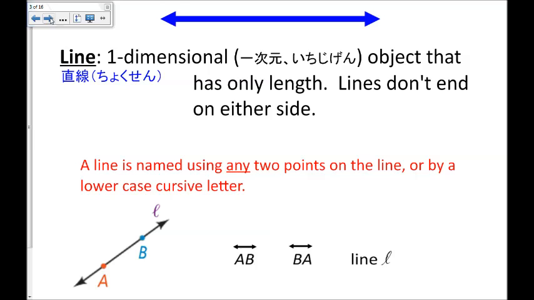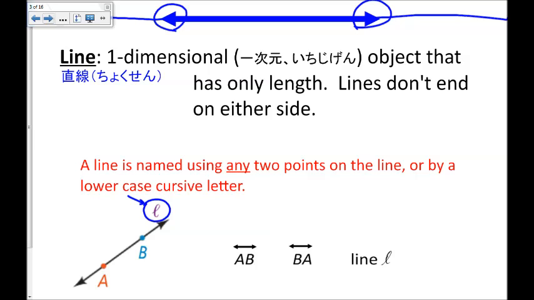So that's why there are arrows, because these lines go on forever. A line is named using any 2 points on the line or by a lowercase cursive letter like this.